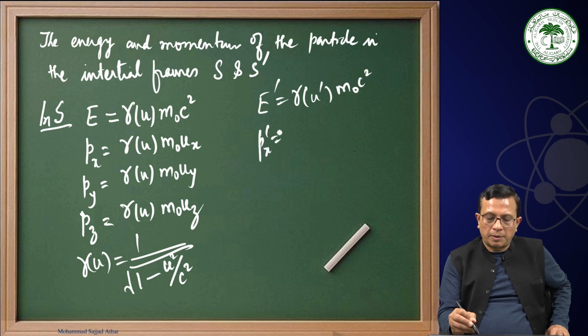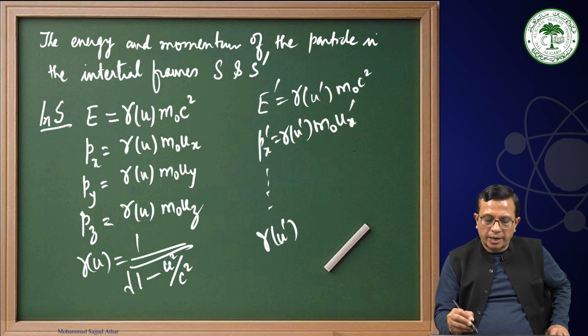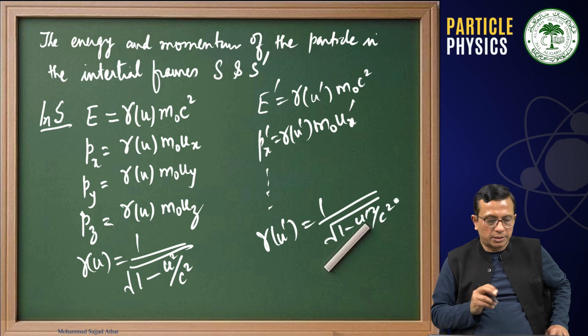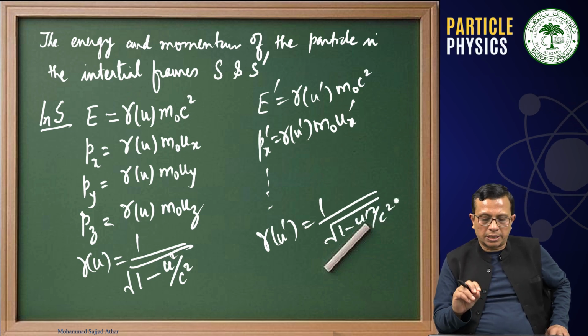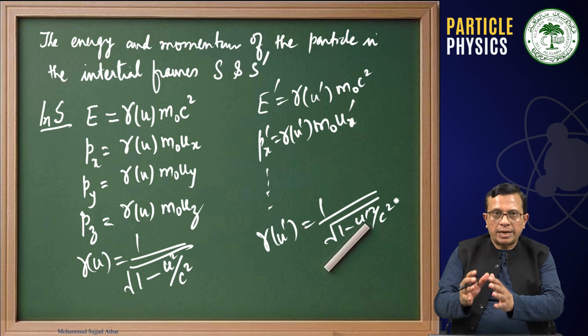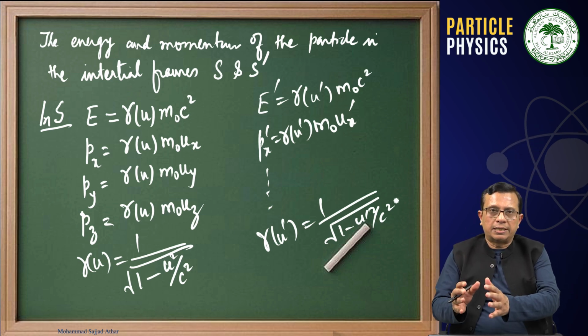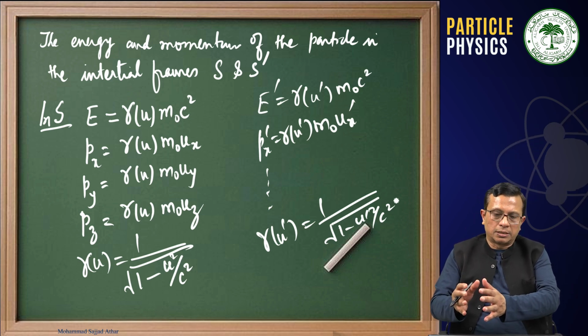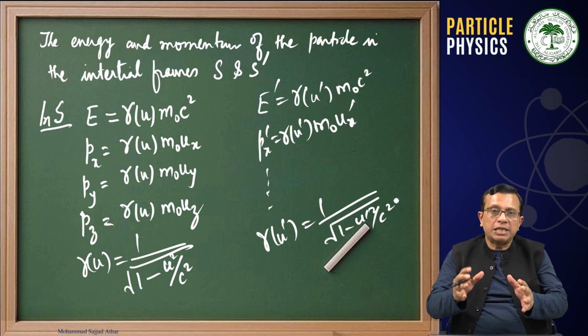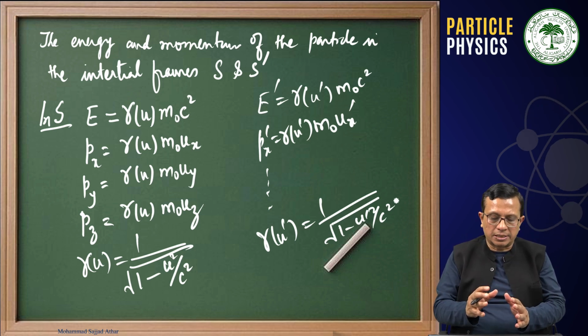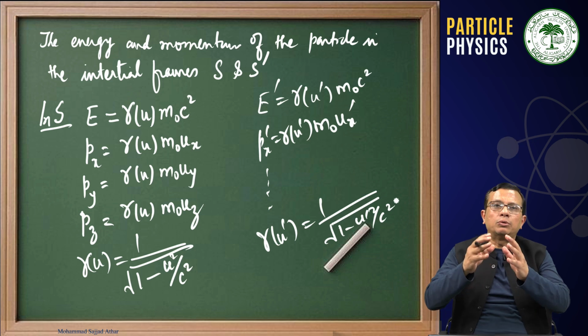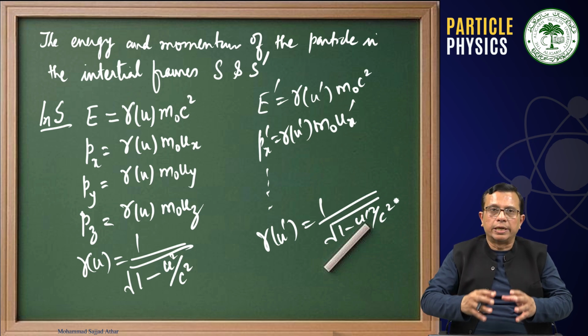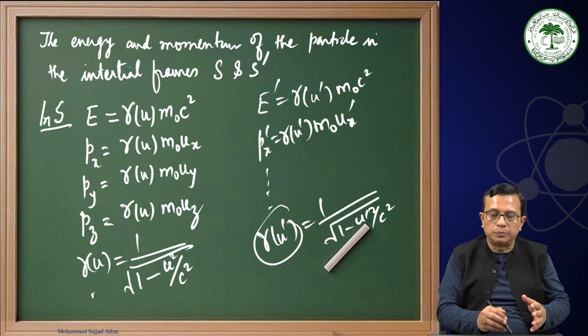Px prime will be gamma u prime m naught ux prime, and so on. And that means gamma u prime is 1 over 1 minus u prime square by c square. But this was not our task. Our task is to relate these kinematical quantities in these two frames of reference. And that means we will try to express gamma u prime first in terms of gamma u.